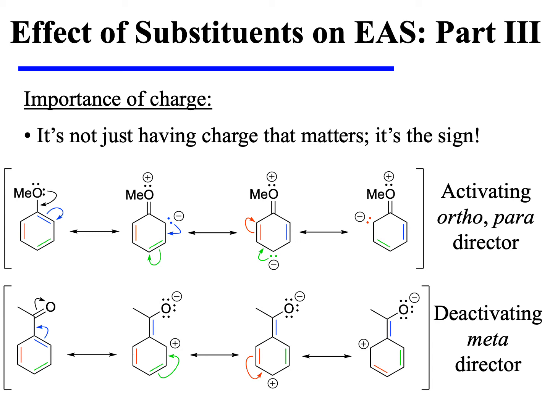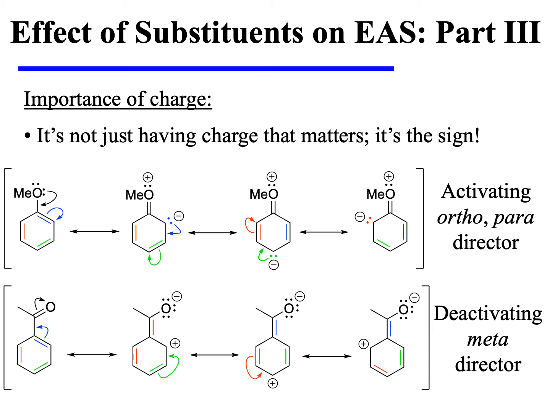However, in the resonance forms of acetophenone, we see the exact opposite taking place because the nature of the charge is opposite. When we have a positive charge, the ring is rendered electron poor, which makes it a weak nucleophile.